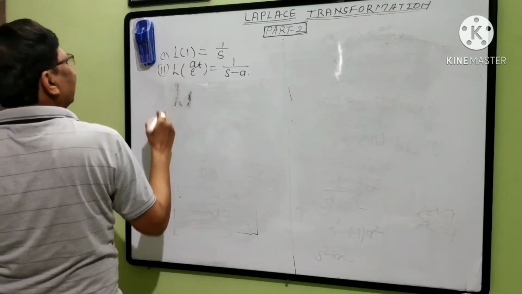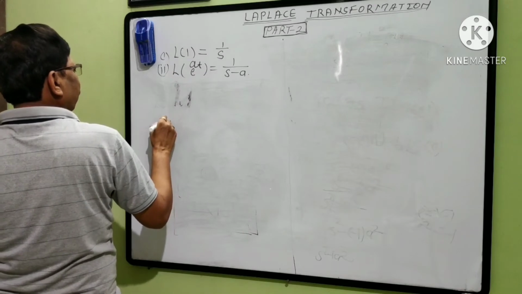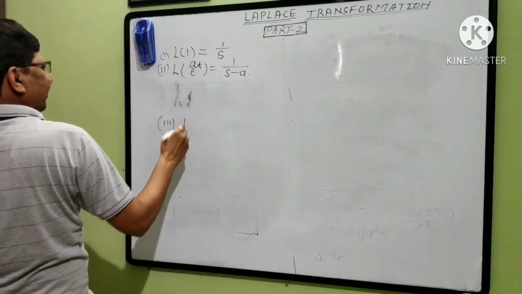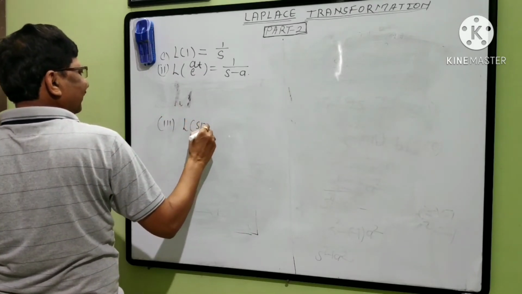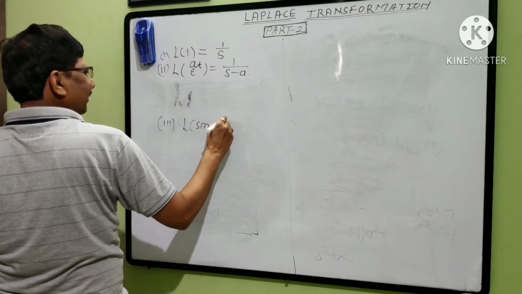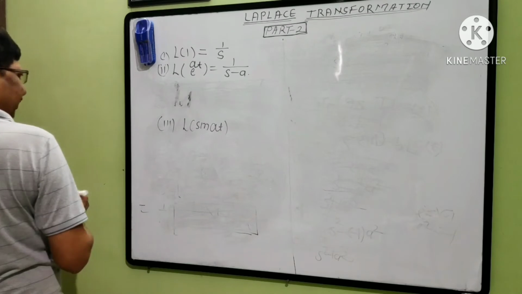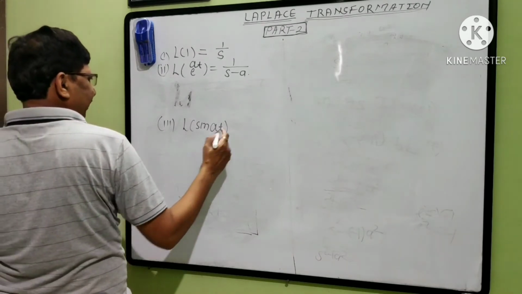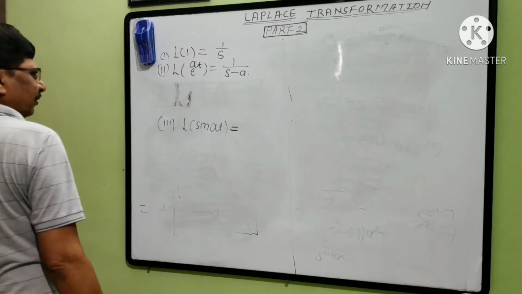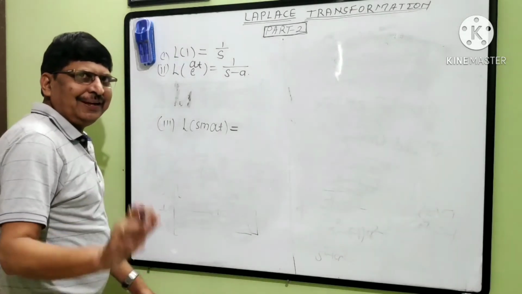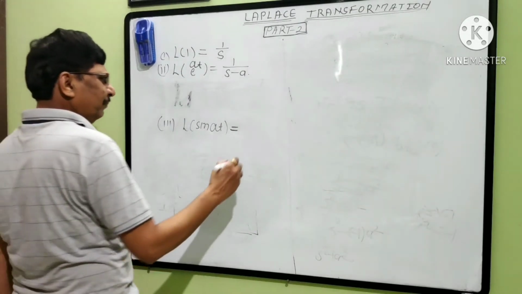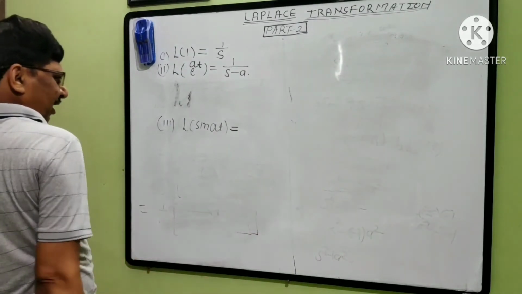Now we are going to summarize. Laplace transformation of sine at. T is the variable, it is a function of t. Now in sine, what was there? I have just derived it.